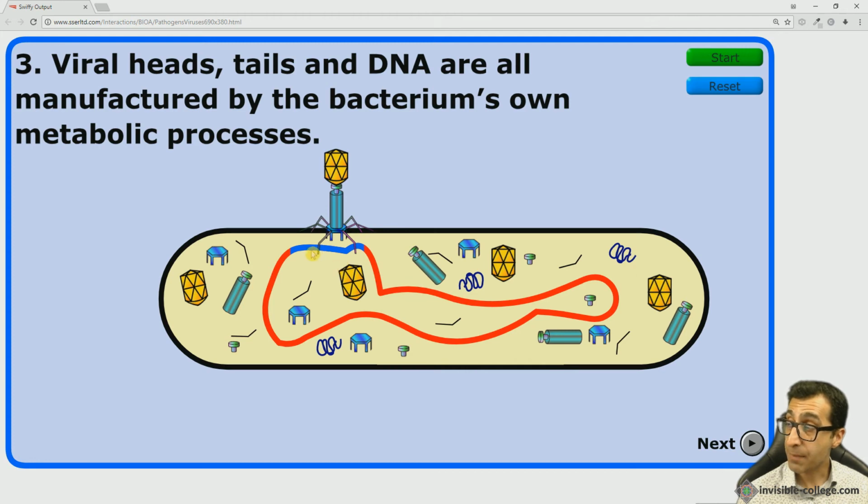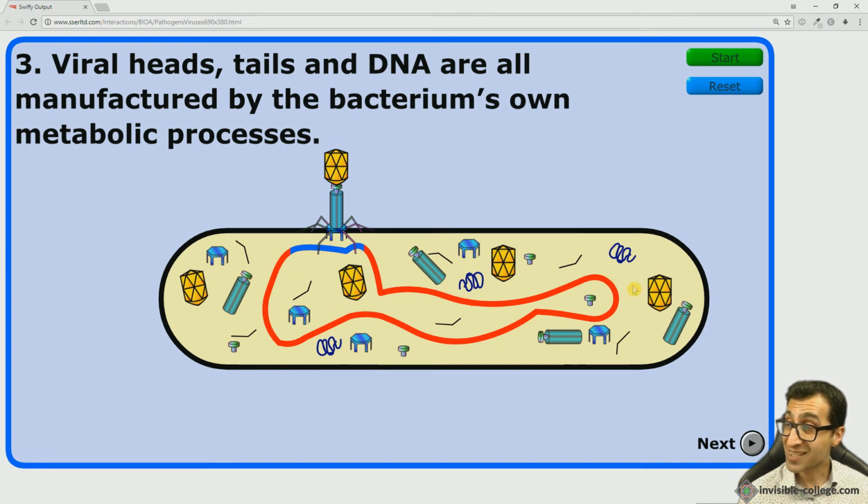So essentially what's happened here is the virus has hijacked the normal cellular machinery which is responsible for producing proteins and replicating the DNA of the bacterial cell to produce viral DNA and the protein components of the virus.